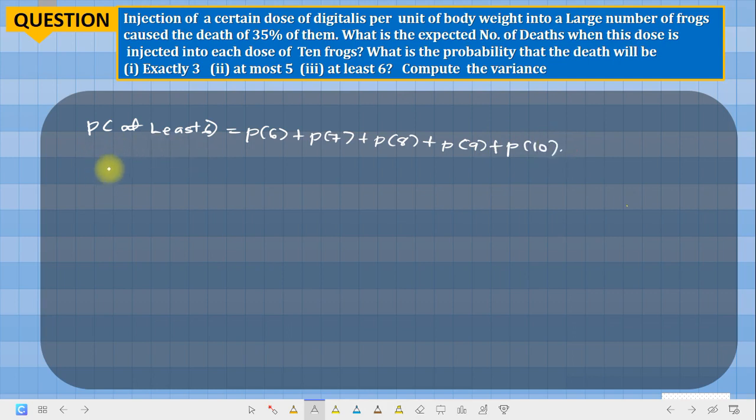So let's take the first one. The first one is the probability that 6 will die. So of course we know our formula. Let me rewrite the formula again. The formula says P of x is equal to n combination x, p raised to the power of x, q raised to the power of n minus x. So in this case, for P of 6, substituting in, we know that our n is equal to 10.